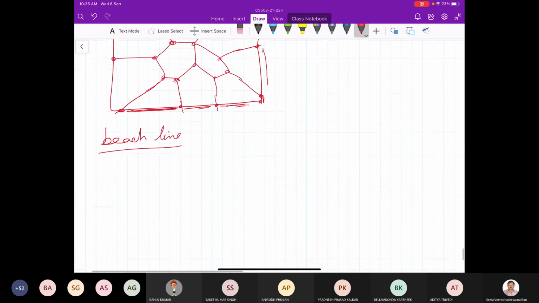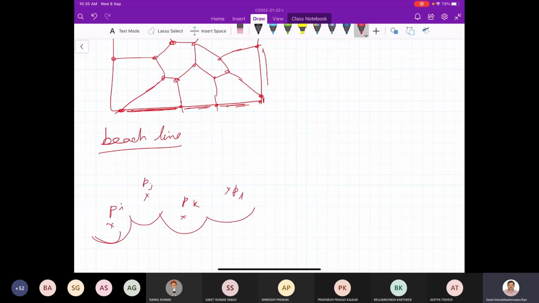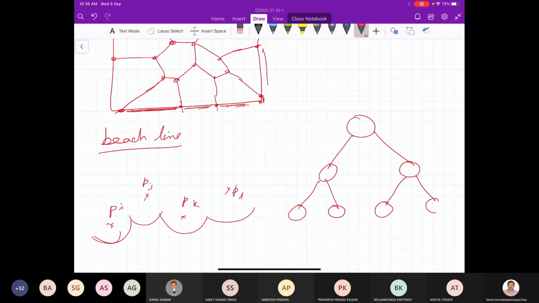Suppose you have sites Pi, Pj, Pk, Pl, and corresponding to these the Voronoi diagram is something like this. Last time we discussed the same manner.